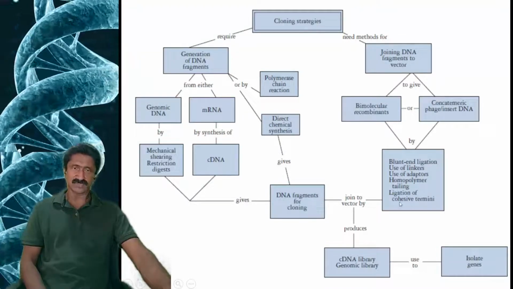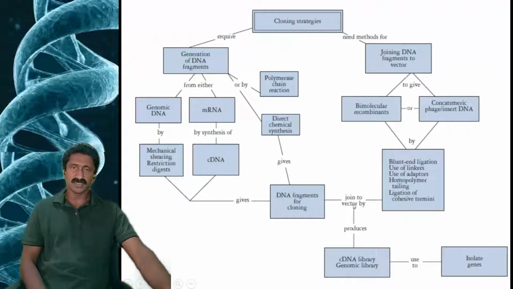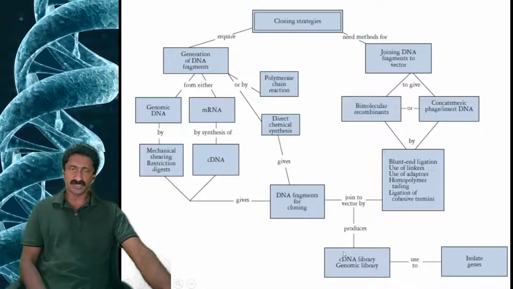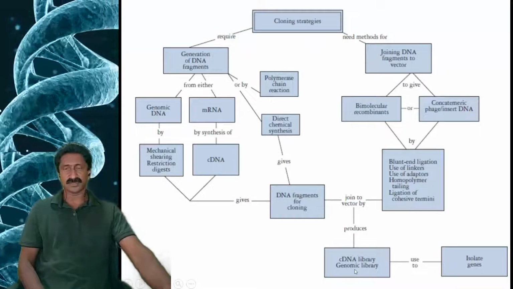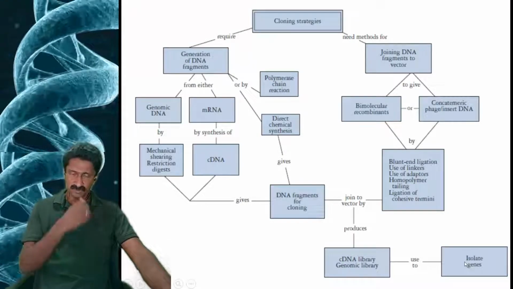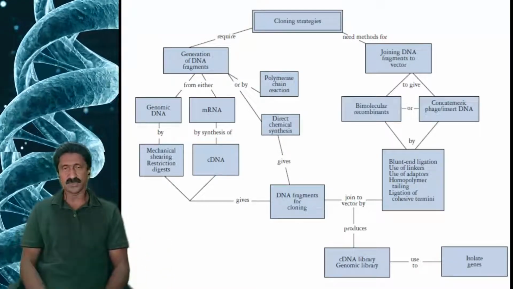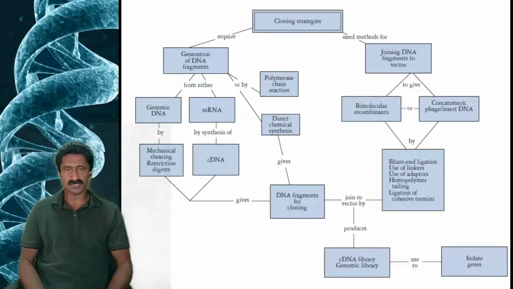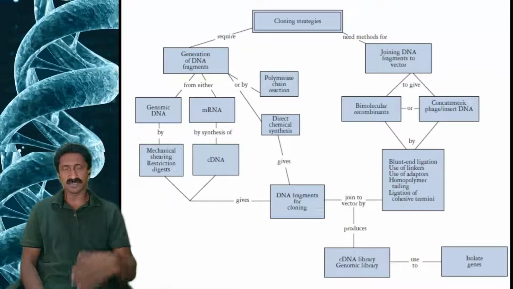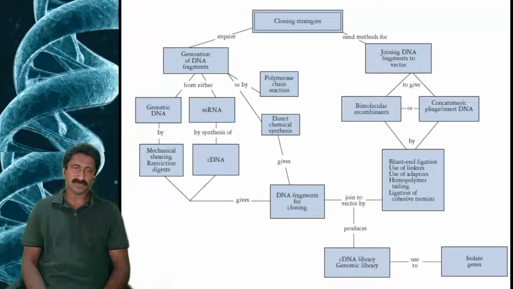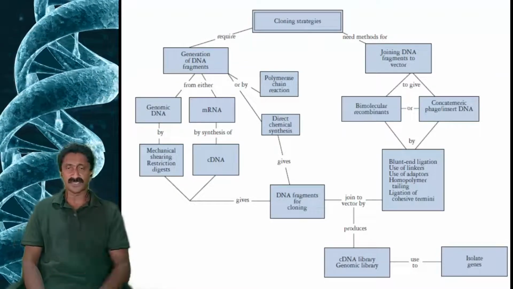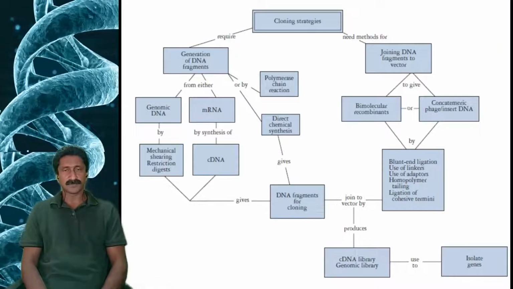Using them, you can join these fragments into a vector, and that produces a cDNA library or a genomic library which incorporates your target gene. That can be used to isolate the gene, incorporate that gene into some host cell, or express it, or you can use that cDNA library for DNA sequencing or entire genome sequencing. So anything can be done using such a cDNA library or genomic library.